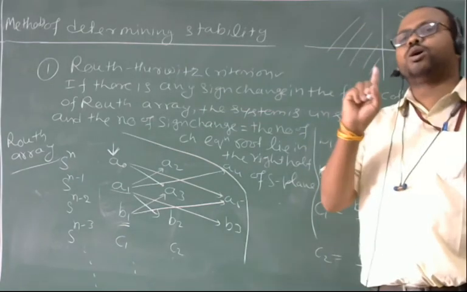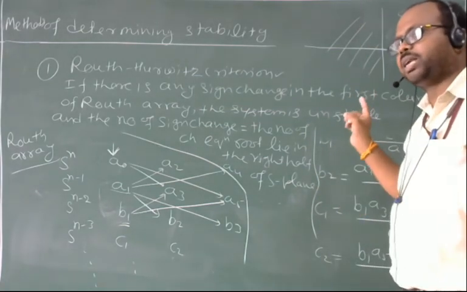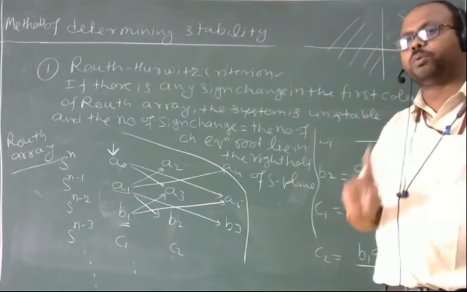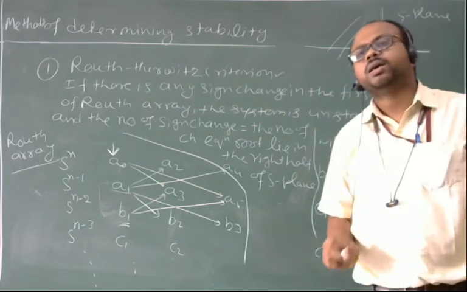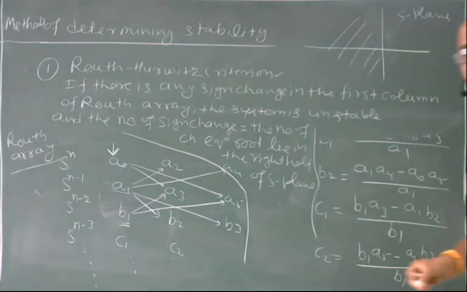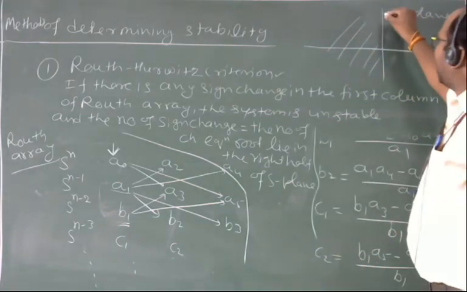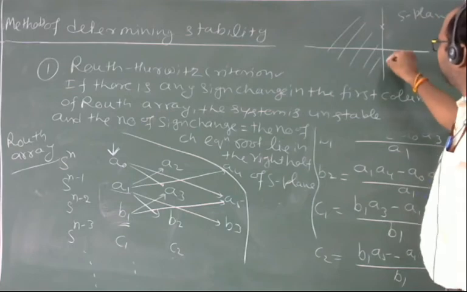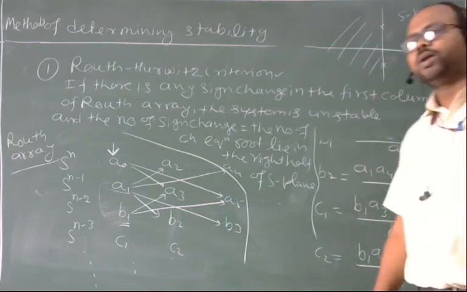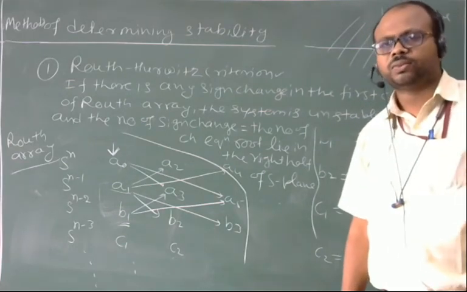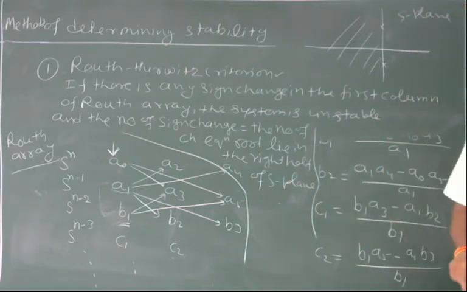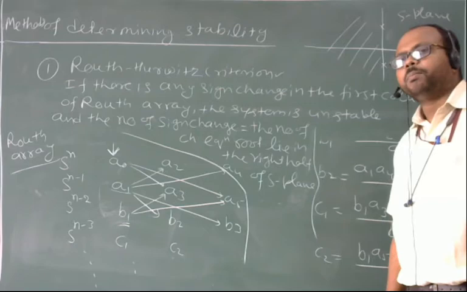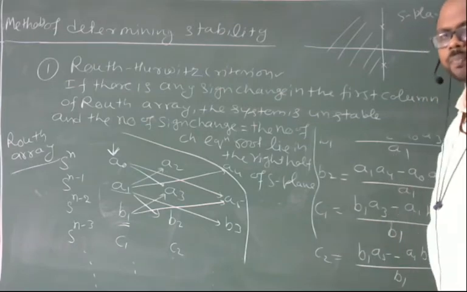If any pole lies in the right half of the S plane, the system will be unstable. And if any of the poles lie on the imaginary axis, the system will be marginally stable.